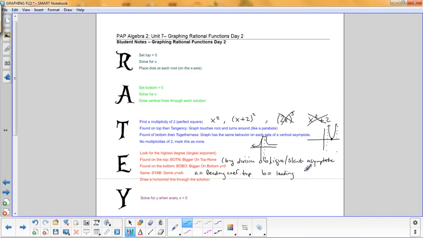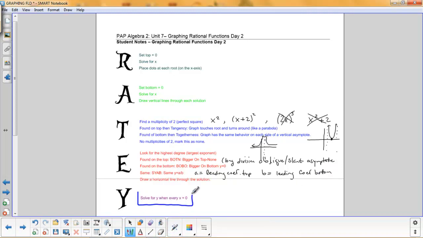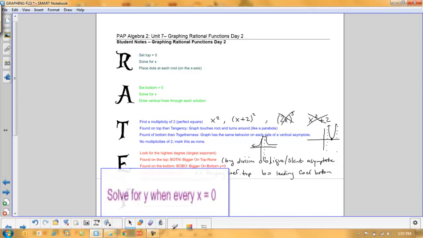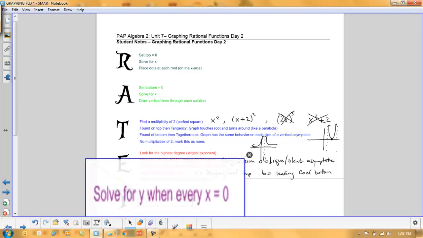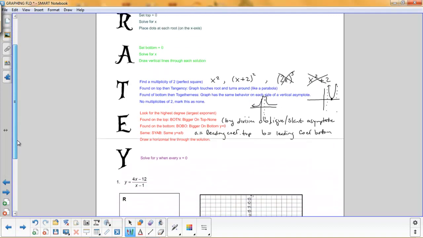That was basically the first number you see on the top and bottom of your fraction. All right, and finally we have y. That's going to be your y-intercept. We're basically going to solve for y when every x equals 0. Okay. Enough with our notes. Now let's have some practice.